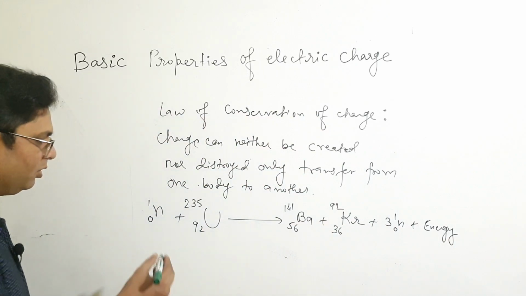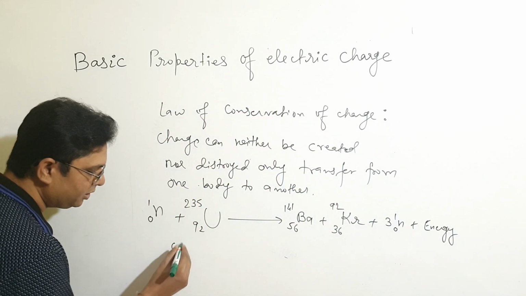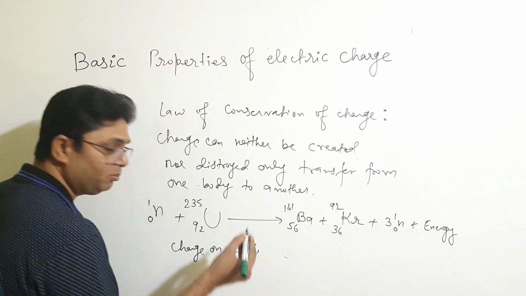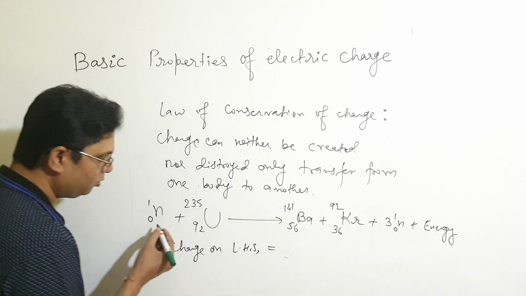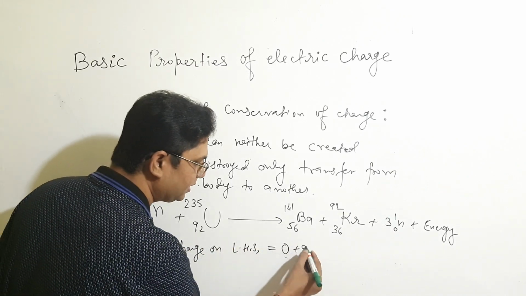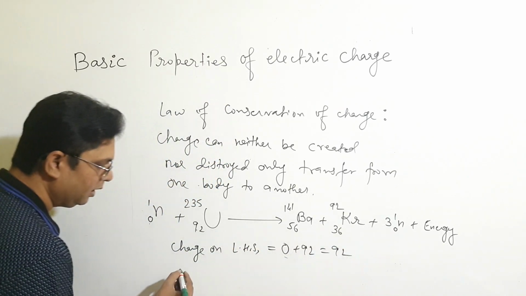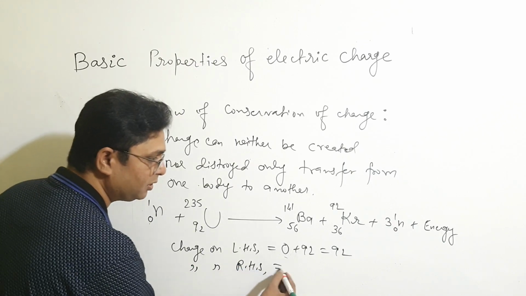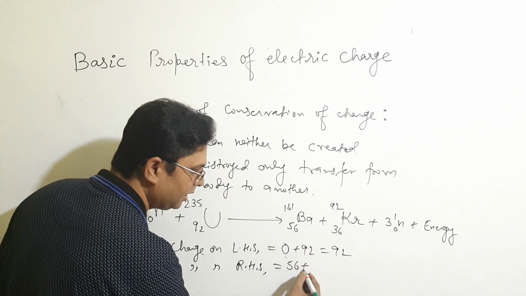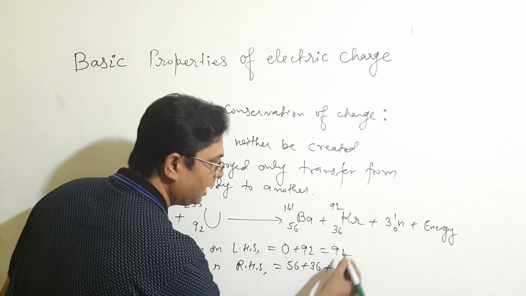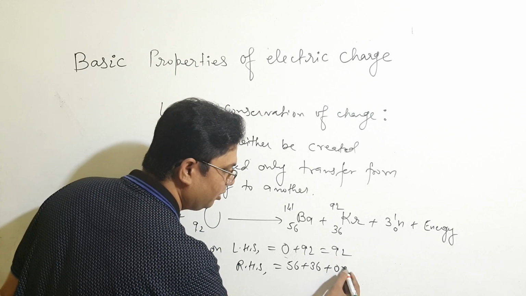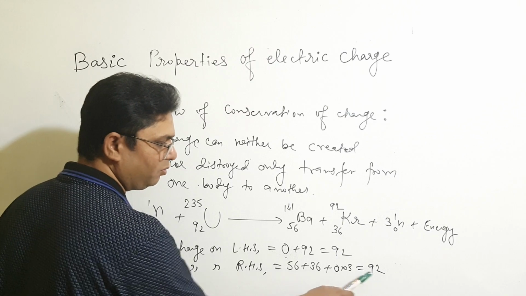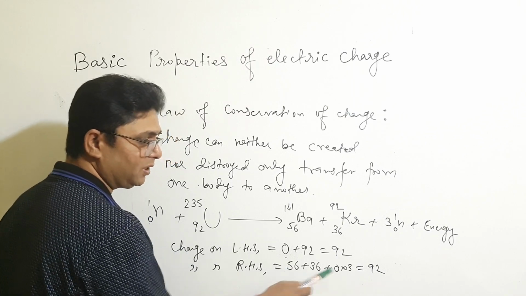Here, the charge on the LHS, that is before fission, equals 0 plus 92, which equals 92. The charge on the RHS, that is after fission, is 56 plus 36 plus 0 into 3, which again comes to be 92.